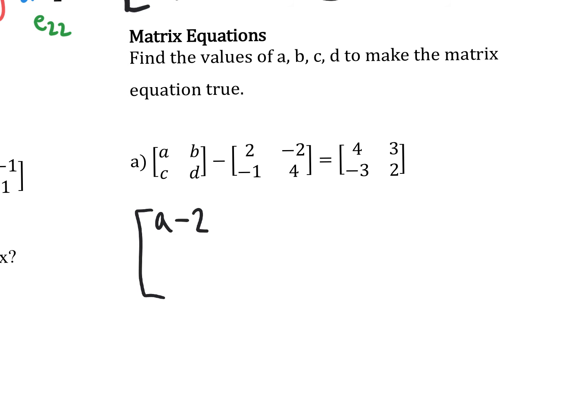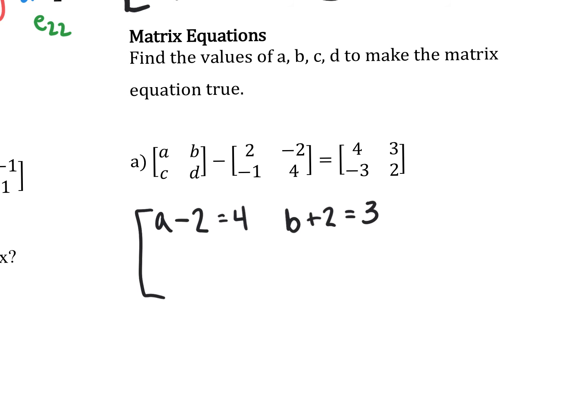4. A minus 2 has to equal 4. Y'all see that? A minus 2 has to equal 4, right? I know that when I do B, look, B minus a minus 2 actually means that's B plus 2. That has to equal what?